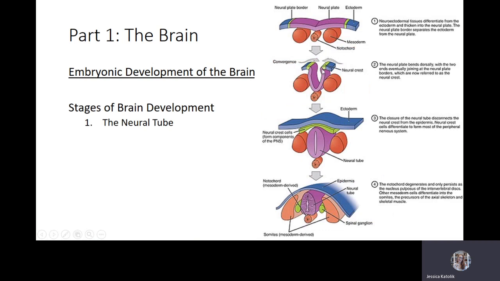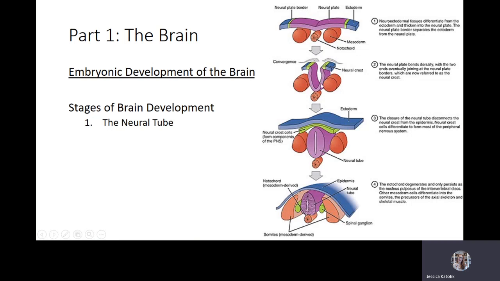Around day 19, specifically day 19, the neural plate will actually bend and come together. And eventually we'll have the development of the neural crest. The neural plate border will form the neural crest.